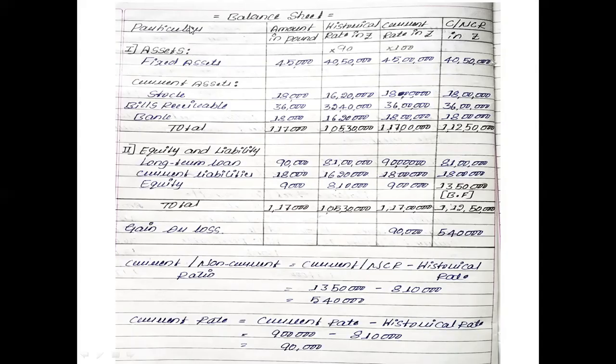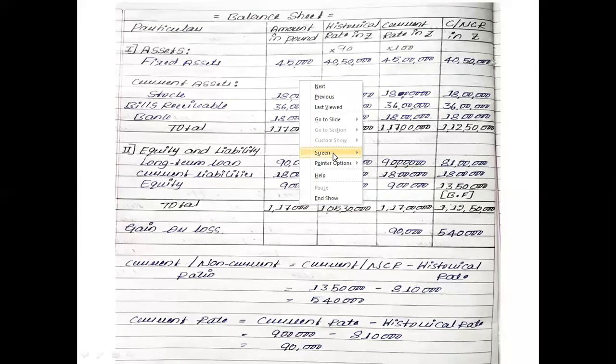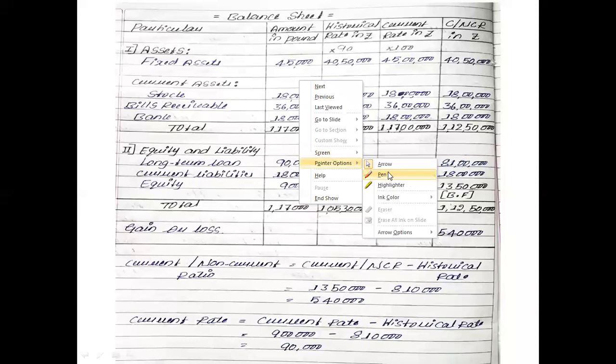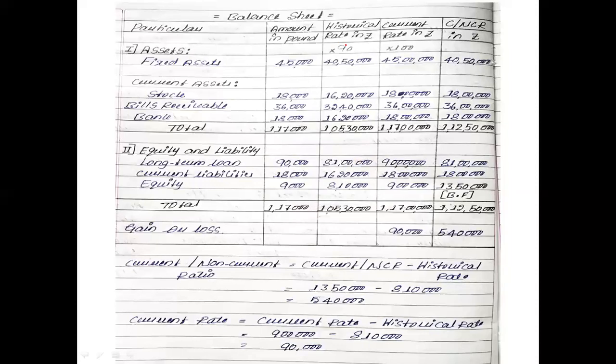Next, the balance sheet is translated to rupees. The first column is particulars, the amount in pound. The next column, historical rate in rupees. Then current rate in rupees. Then current and non-current rate in rupees. We have to convert into rupees. What do we have to do? They are given in pound.